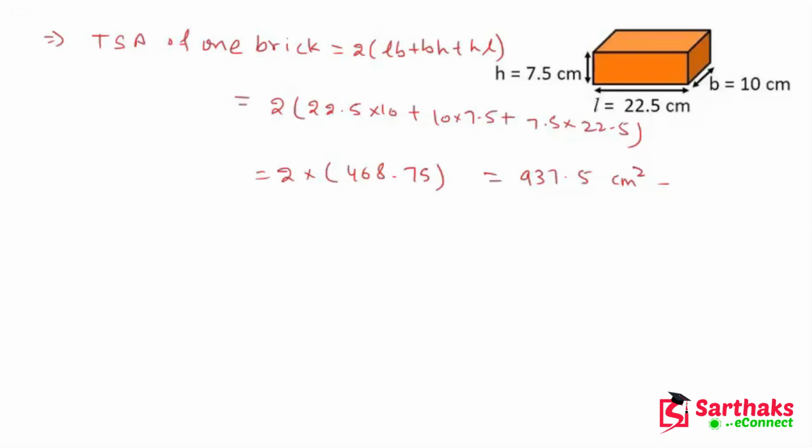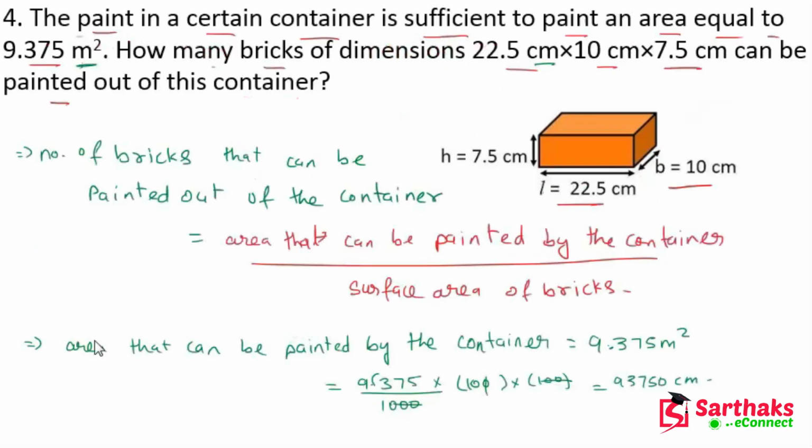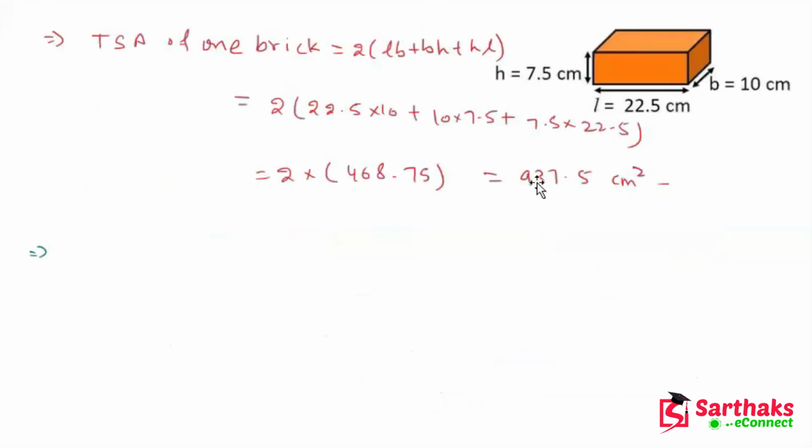Now we have to put the values in this equation. The area that can be painted by the container is 93750, and the surface area of a brick is 937.5.